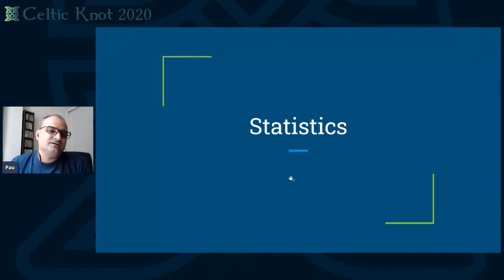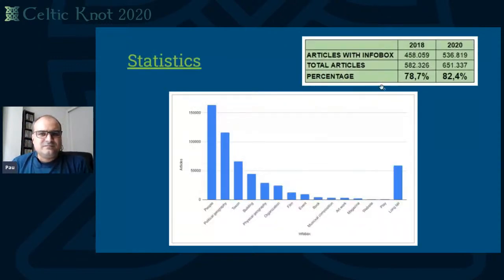I'll show you the importance of infoboxes in our Wikipedia. I made more or less the same presentation in 2018, and the articles with infoboxes were nearly 79%, and now I've counted again, and they are about 82%, which is great.